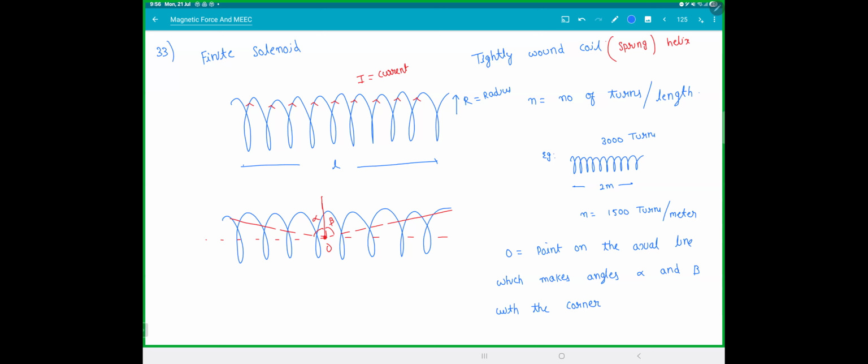So if I make alpha equal to beta equal to 90 degrees, it becomes infinite solenoid. Find the magnetic field at point O.